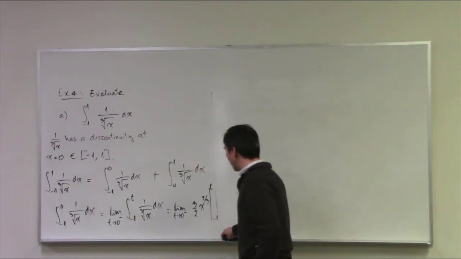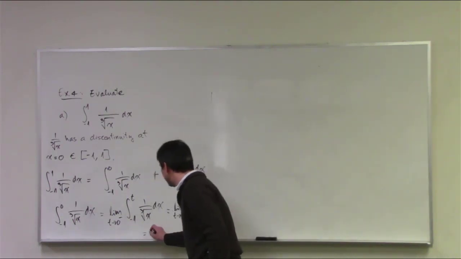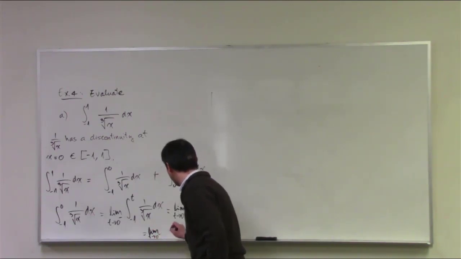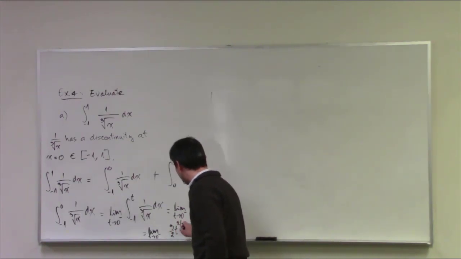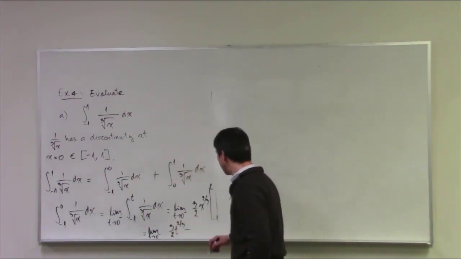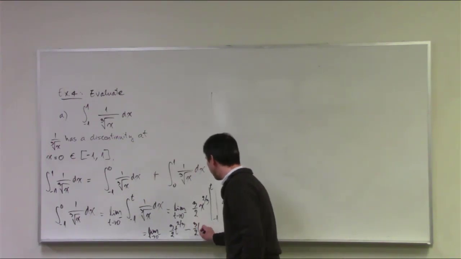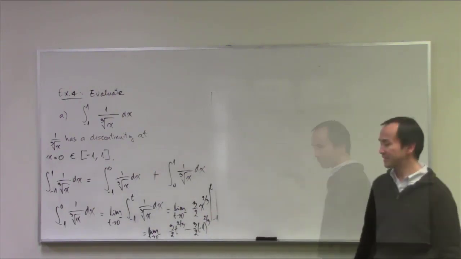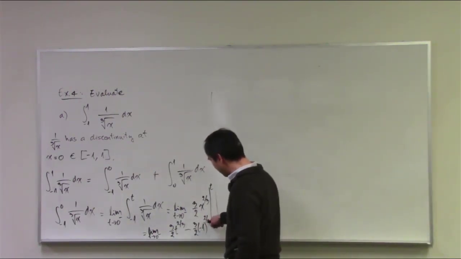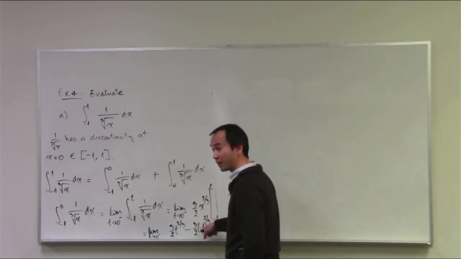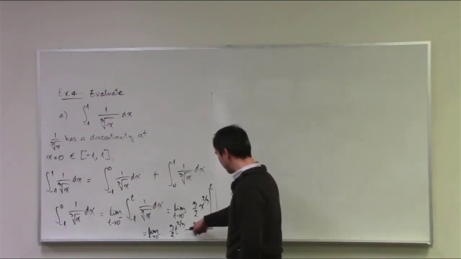Now the next step becomes the limit as t goes to 0 from the left-hand side. Substituting t into the function, we have 3/2 t to the 2/3 power minus 3/2 times minus 1 to the 2/3 power as well. I made my argument earlier that this minus 1 to the 2/3 power really was a positive one, multiplied with the 3/2 here.